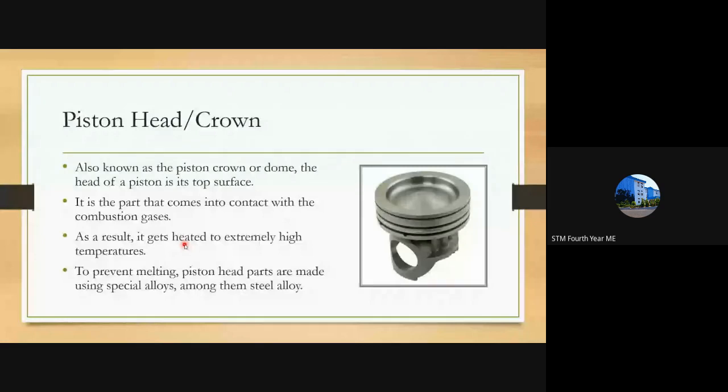For that purpose, piston head parts are made up of special alloys, among them steel alloy. Steel is one of the most tensile and compressively strong materials, and it is able to withstand the high temperatures and pressures generated inside the cylinder.